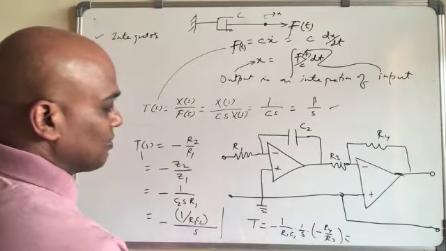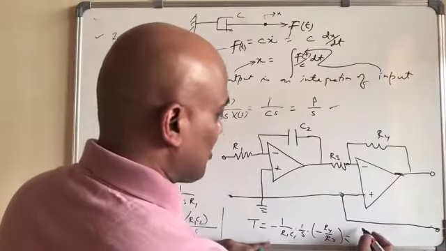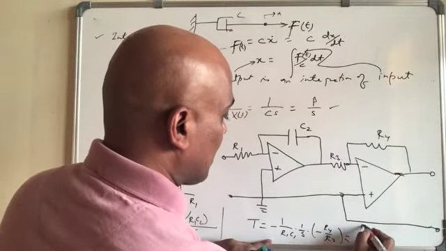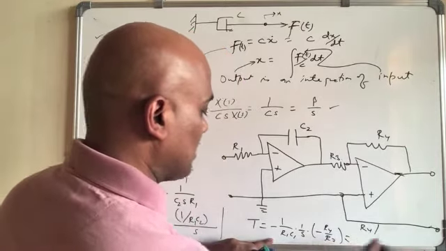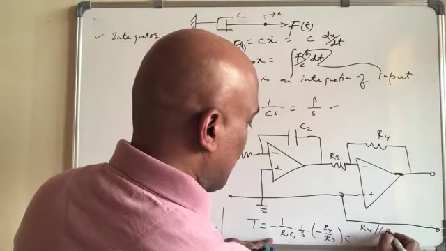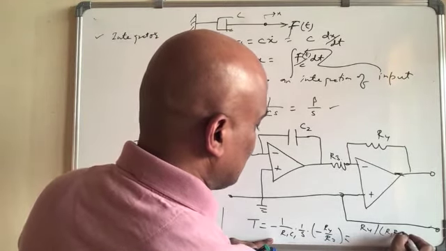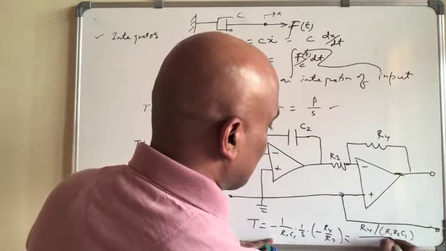So minus minus becomes plus, and what you get is R4 divided by R1 R3 C1 S.